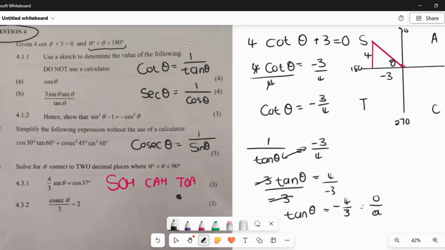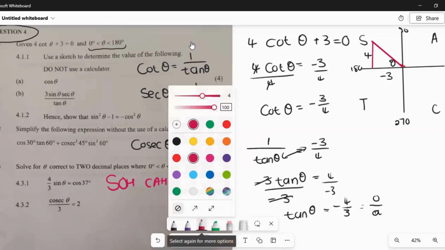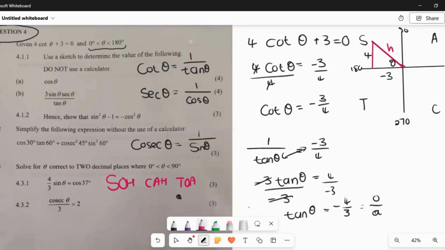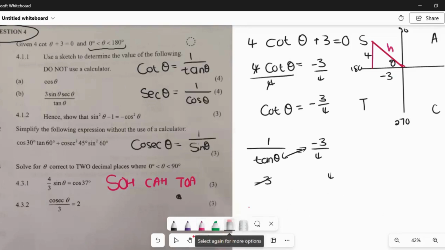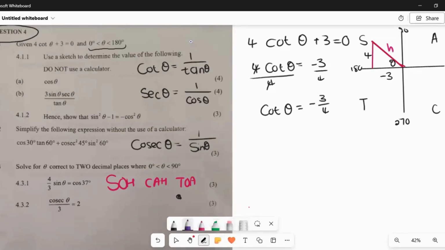Right? So thereafter, now we need to find our hypotenuse. Let me just use a different color. For us to find the hypotenuse, we need to use our Pythagoras theorem, saying our hypotenuse squared is equal to x squared plus y squared.